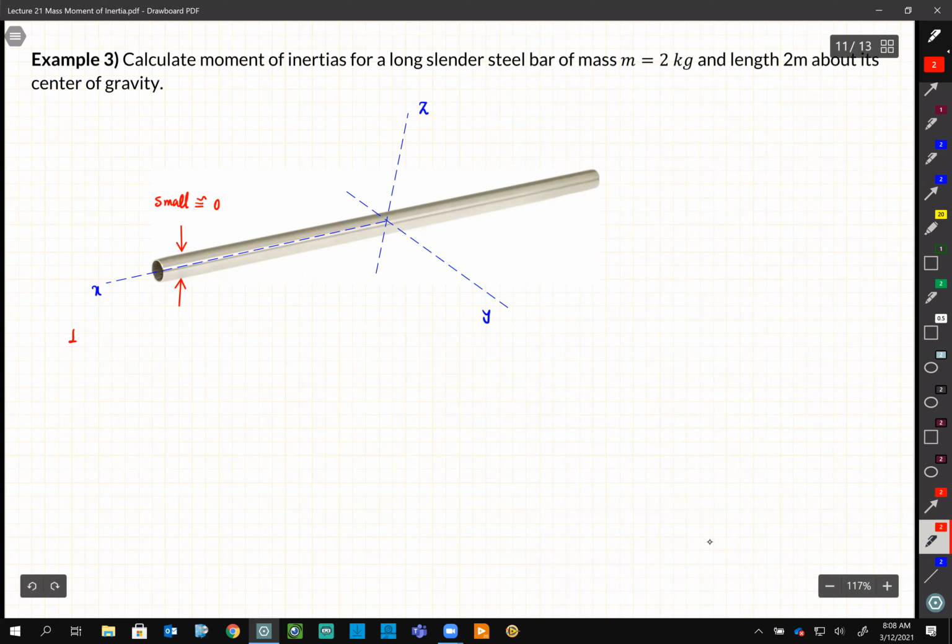Then we ignore Ix and say it is almost 0. Because it's symmetric, Iy and Iz are the same.